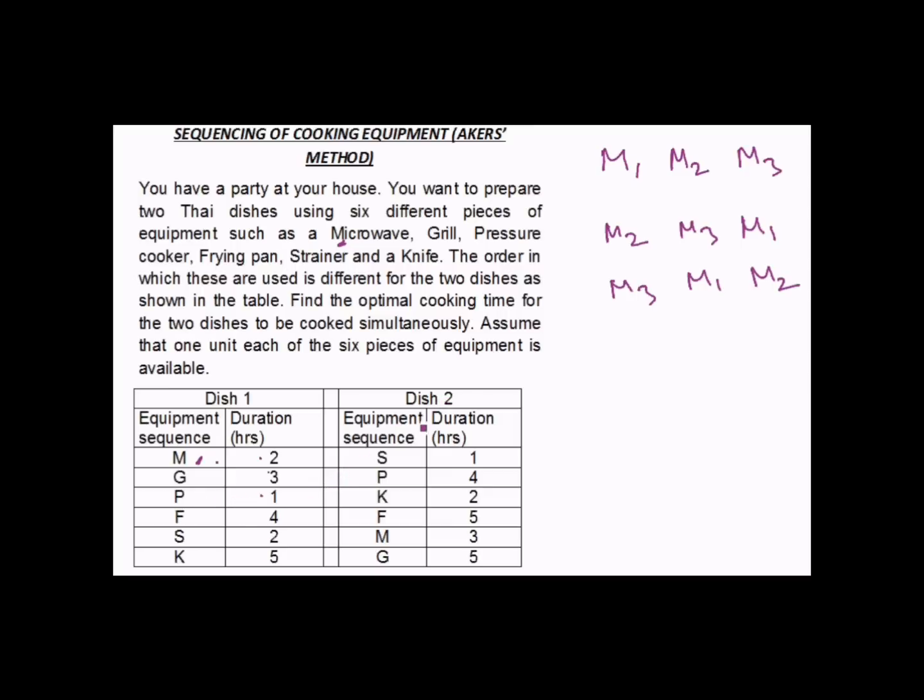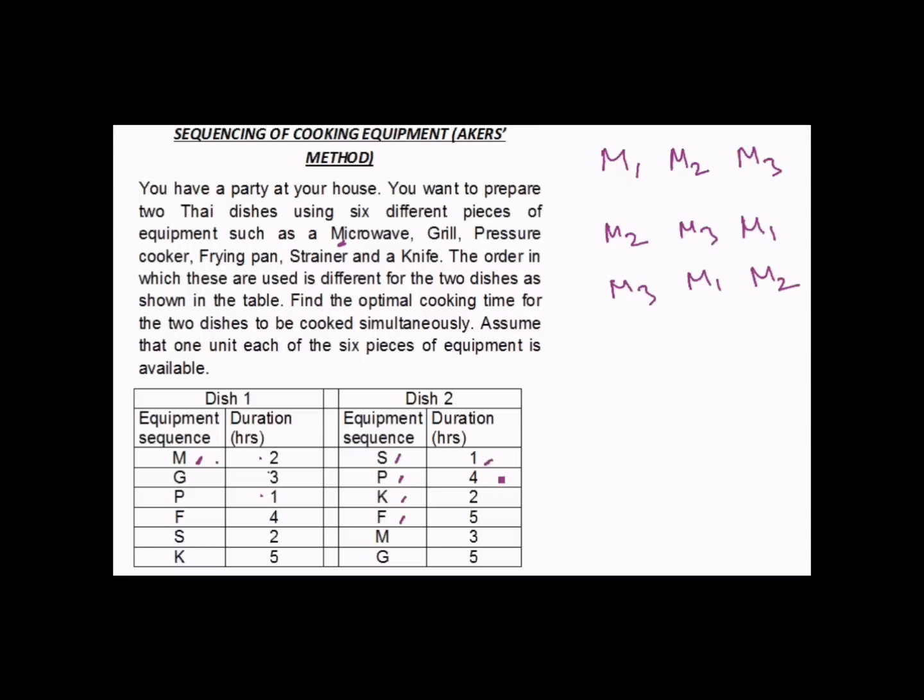Now dish 2 is to be processed first on the strainer, then on the pressure cooker, then on the knife, then on the frying pan, and so on. And the duration for each of these equipment is also given.